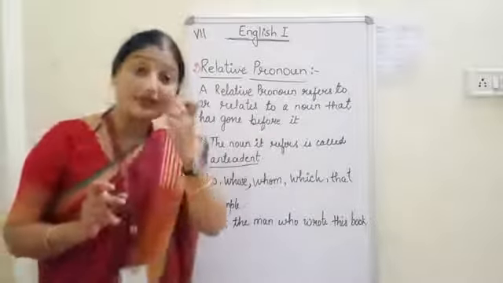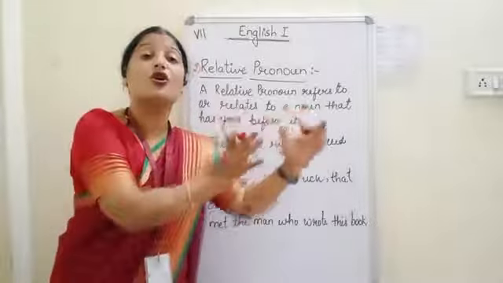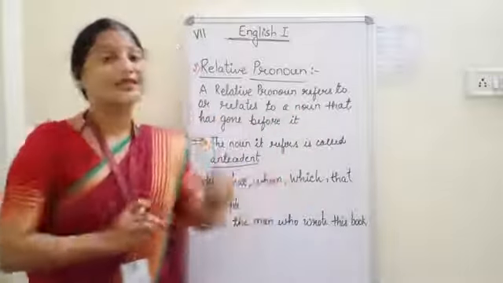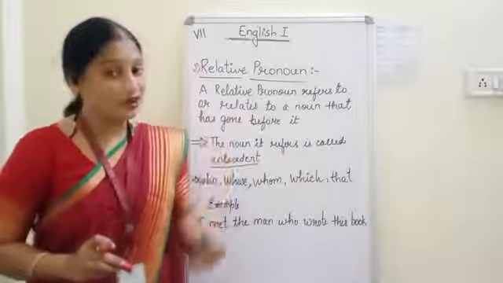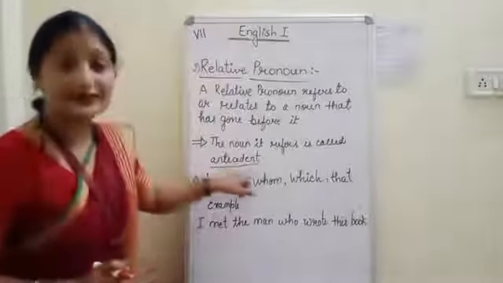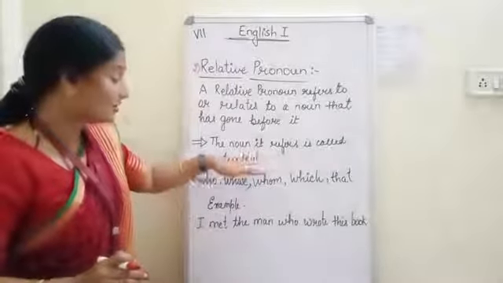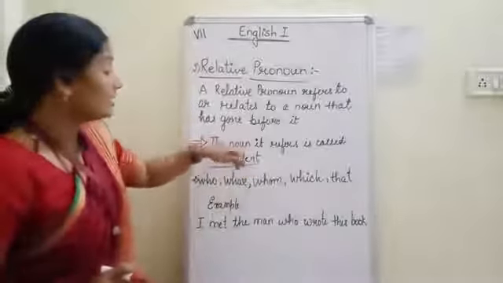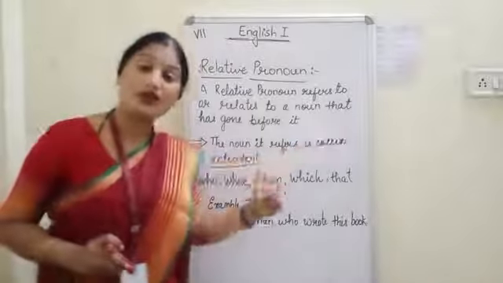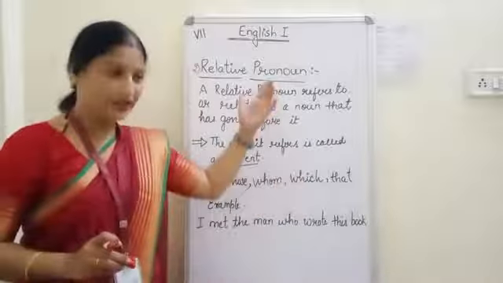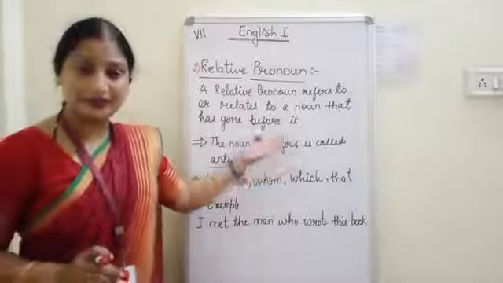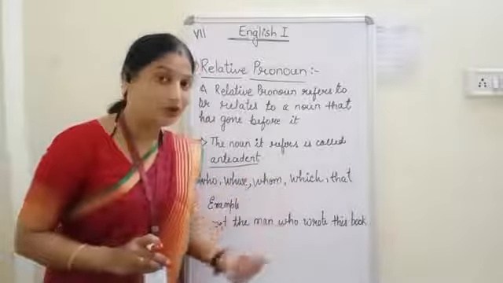And children, the noun that has already gone before, the first noun, is also called the antecedent. Clear? So this is the antecedent noun. The noun it refers to is called the antecedent noun. Now I'll explain this definition with one example also.